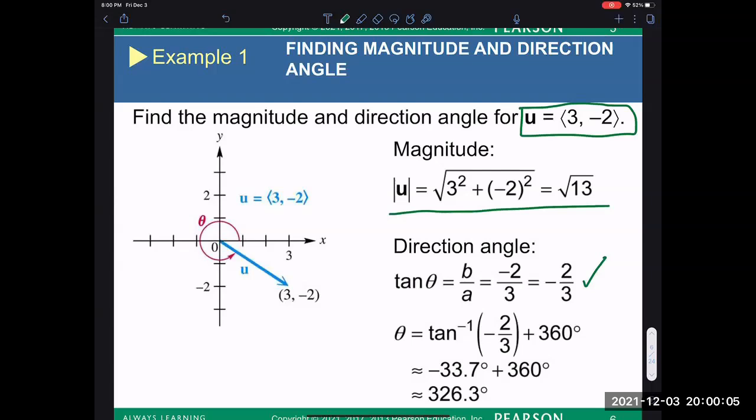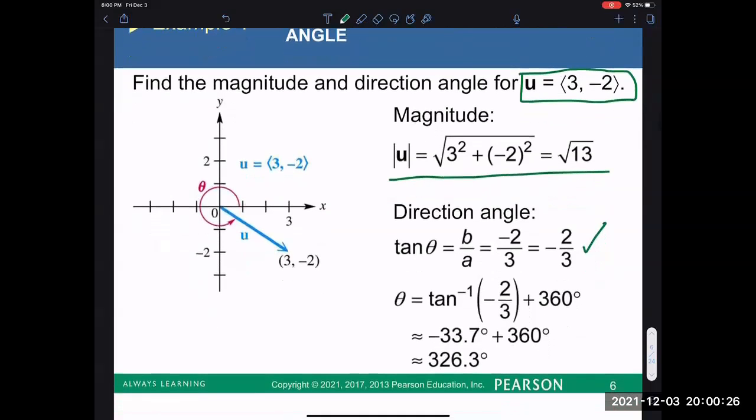But the inverse tangent always produces results that are between pi/2 and -pi/2. And we know that we want our answer to be a positive theta that finishes in quadrant 4. So the inverse tangent produces, in this case, approximately -33.7 degrees, a negative angle in quadrant 4.